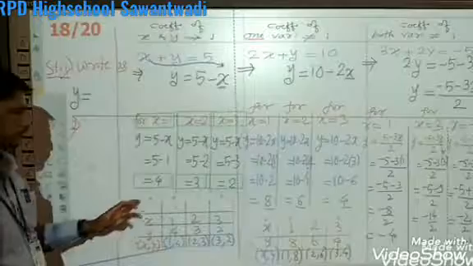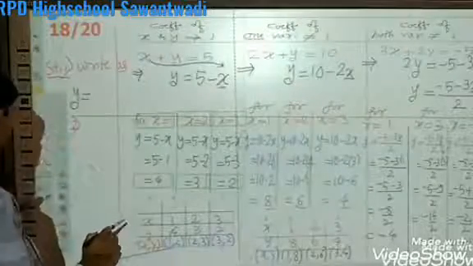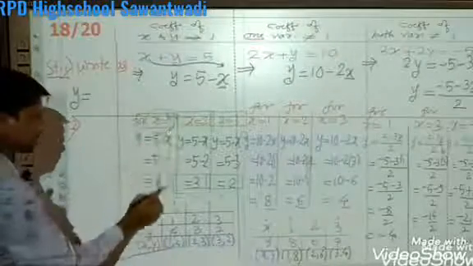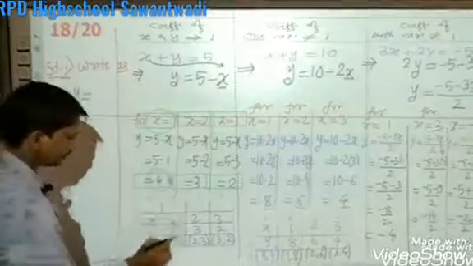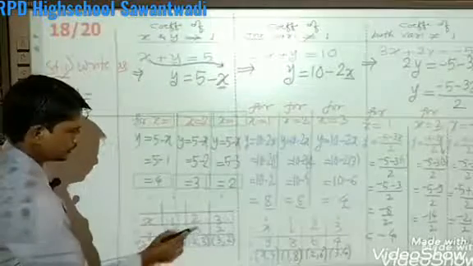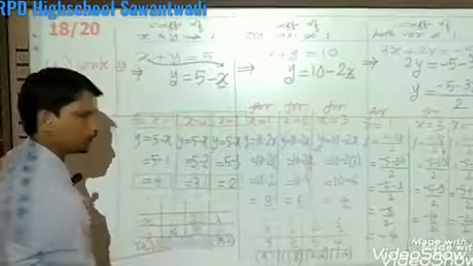Okay, so students, if you fill these values, that is nothing but x is equal to 1, y is equal to 4. So it is 1, 4. Same way here 2, 3, 3, 2.